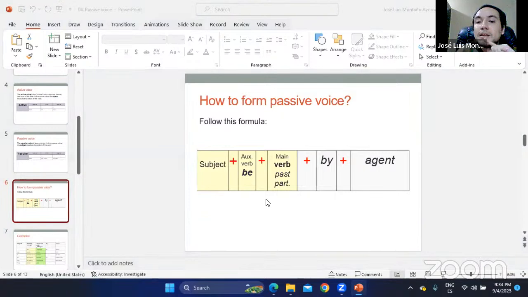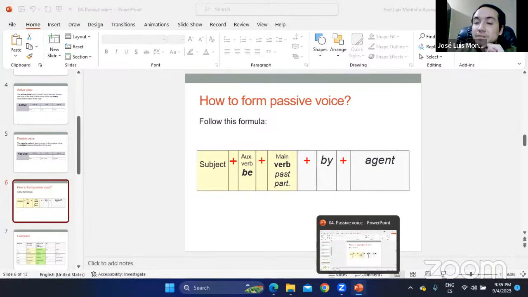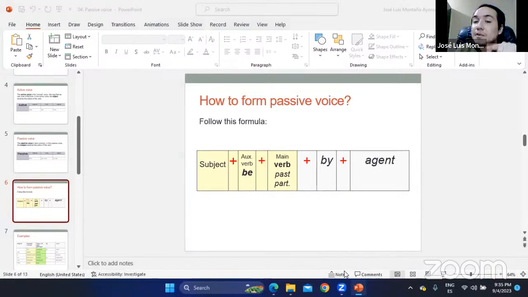In your example, you're missing this element over here, Danitza. To know that your example is not in passive voice, how do we know? Because the main verb is always the verb after the verb to be or after the auxiliary verb, always. In your case, it is in the present participle with ing, so that's not passive voice.